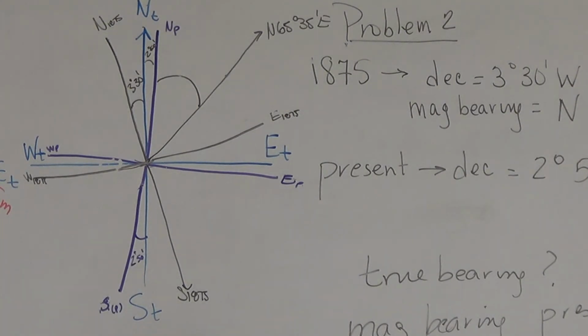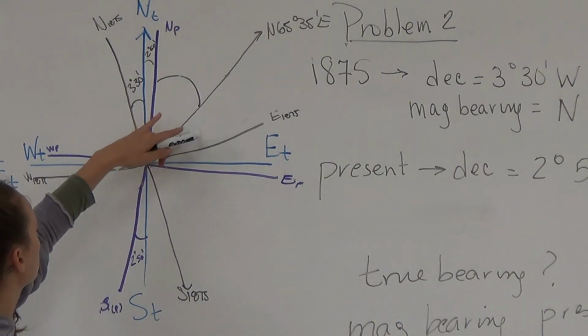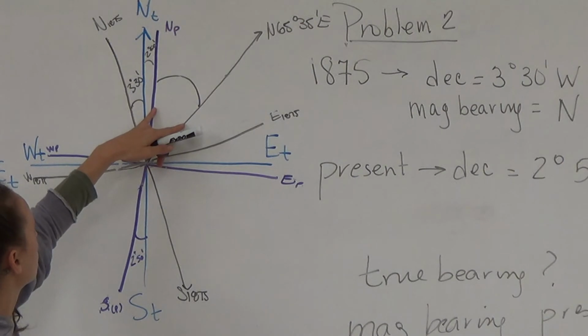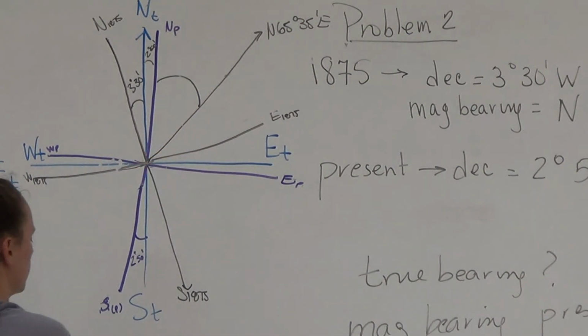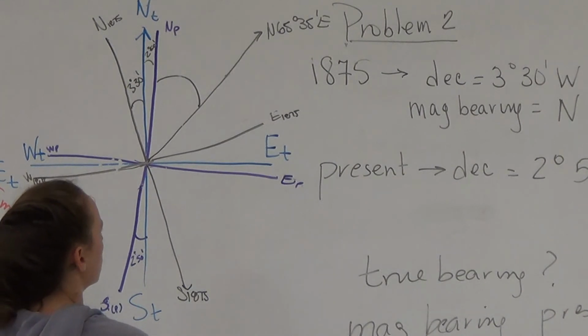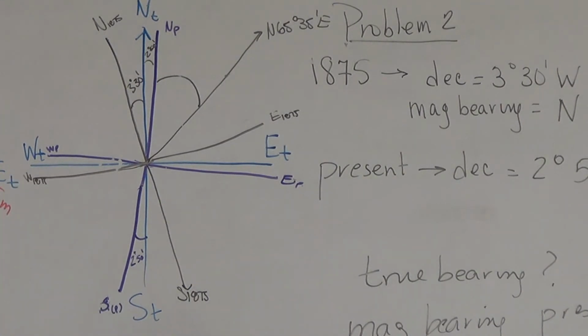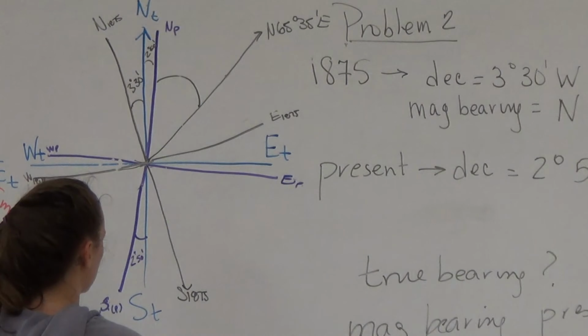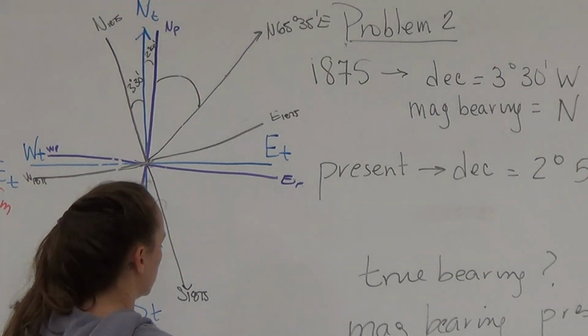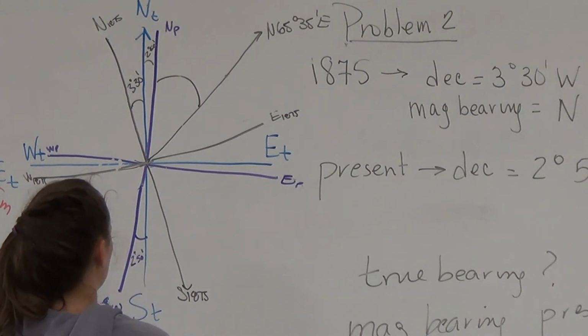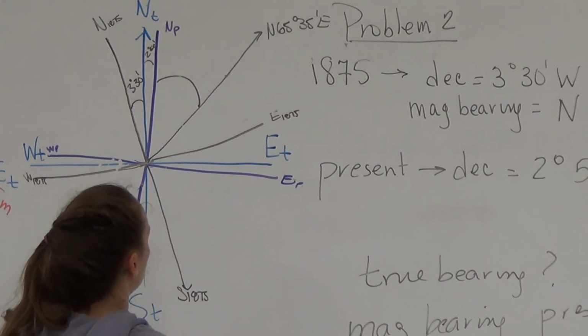So that added to, oh wait, subtracted from our 1875 angle should give us the angle relative to the present magnetic north. So 65, 35 minus 6 degrees, 20 minutes gives 59 degrees, 15 minutes. That's what I got. 59:15, and it would be north. Good.